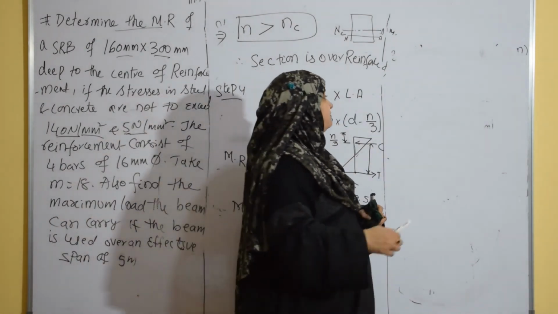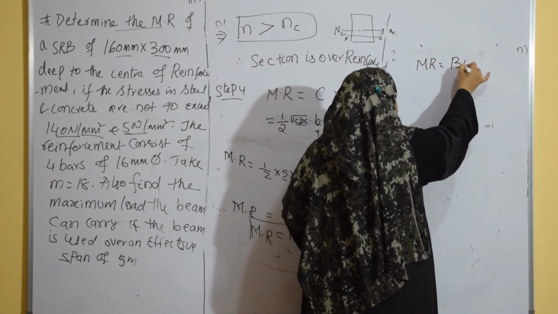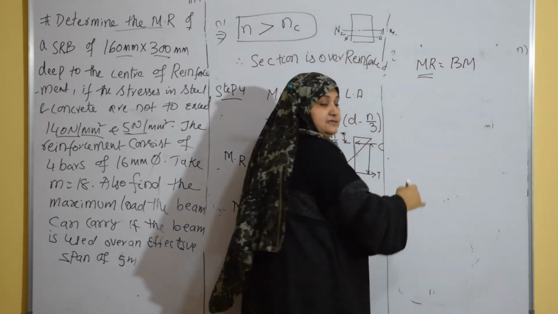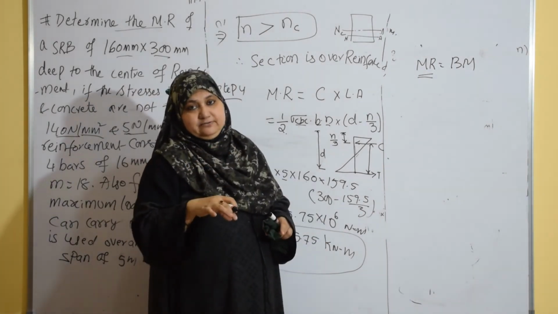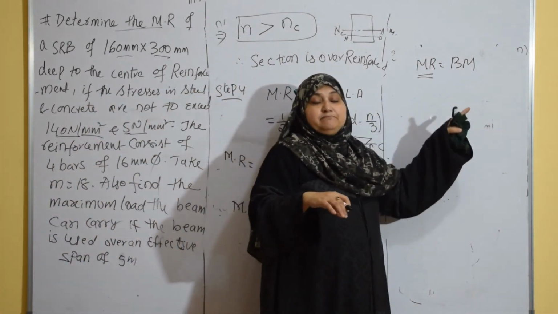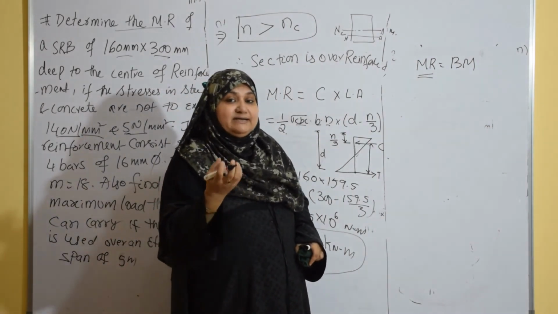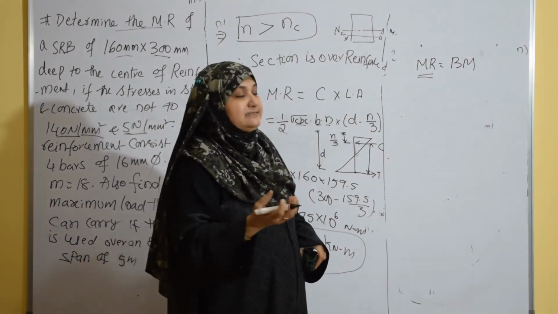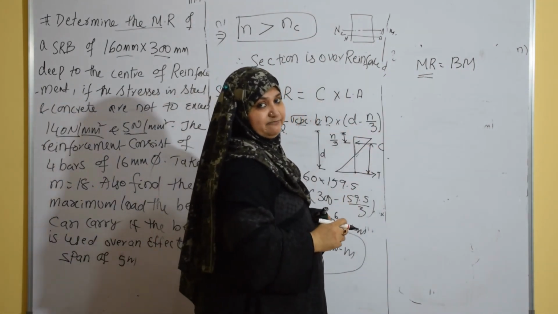So whatever moment of resistance you got, you have to equate it to the bending moment. Once again I repeat, this is the moment developed by the internal stresses when it is loaded, and this is the bending moment due to the external load. So whatever bending moment it has to support, that will be resisted by the moment from the stresses inside the material.